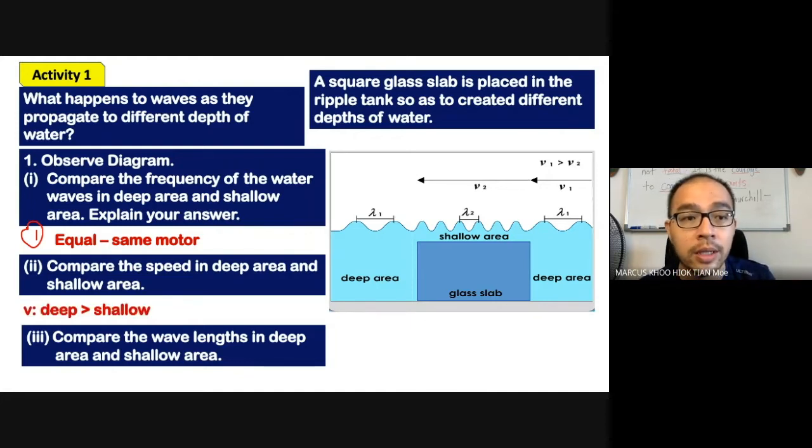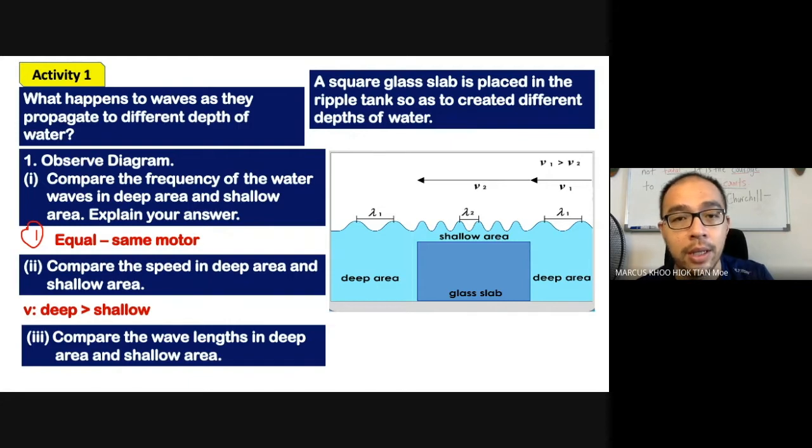So the speed of the wave in the deep area is bigger than the speed of the wave in the shallow area. When you go to the seaside, the speed of the wave in the deeper parts of the sea is much faster compared to the shallow area.